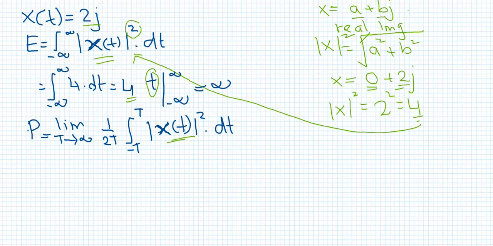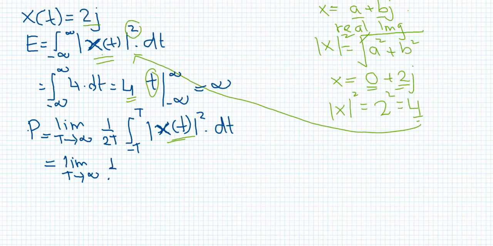So instead of minus infinity to infinity, we have minus T to T. So I will be having the limit as T tends to infinity of 1 over 2T, and the integration will give me t, so 4 times t from minus T up to capital T.